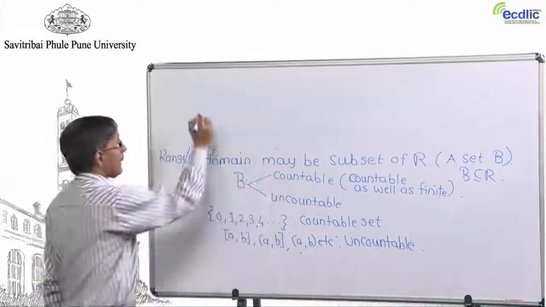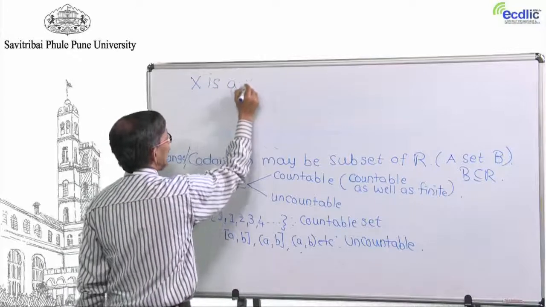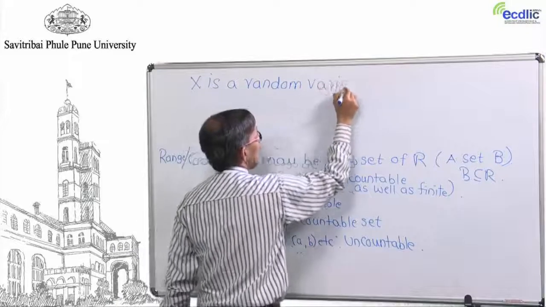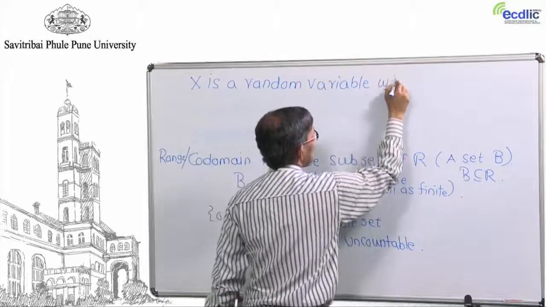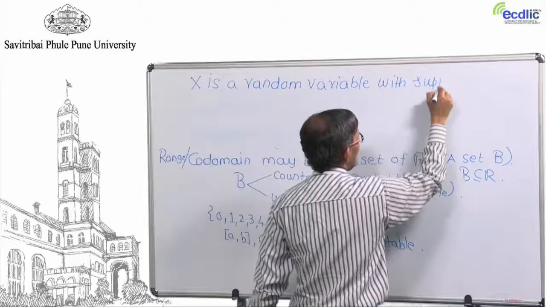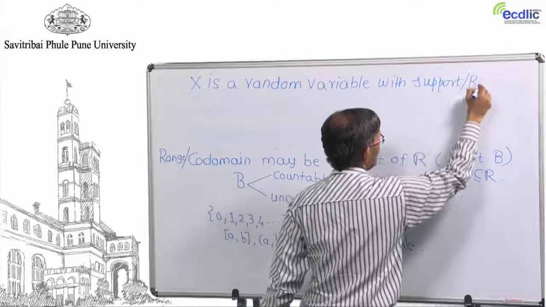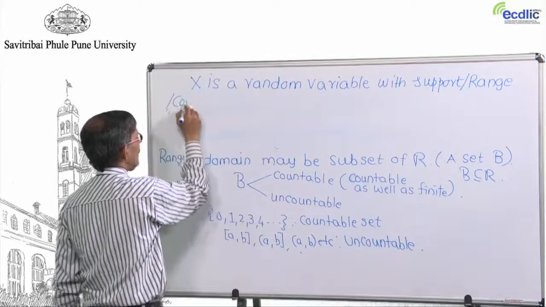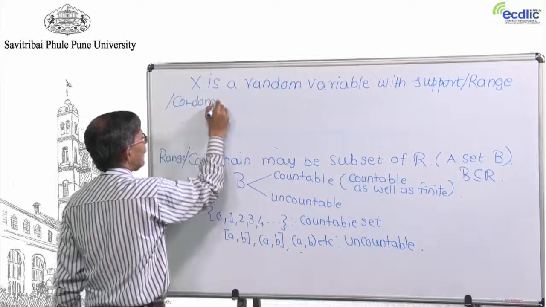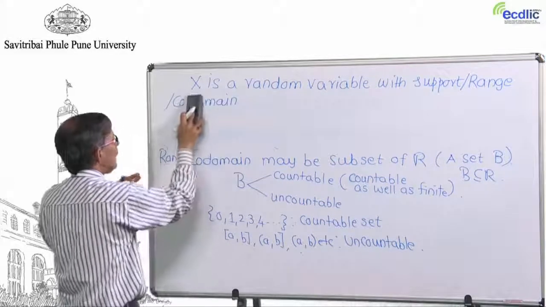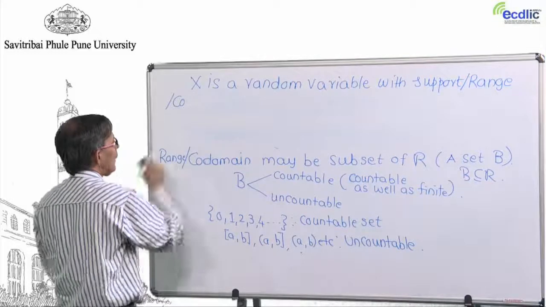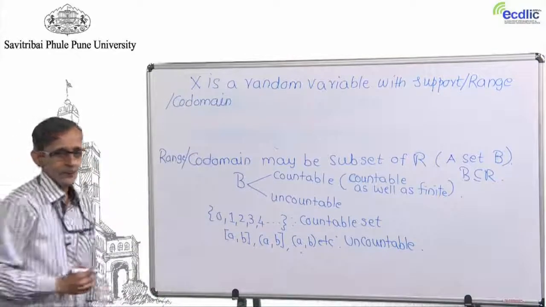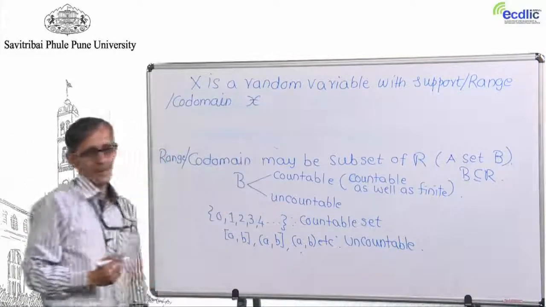Now, if X is a random variable with support or range or codomain, and this is normally denoted by script X in generality.